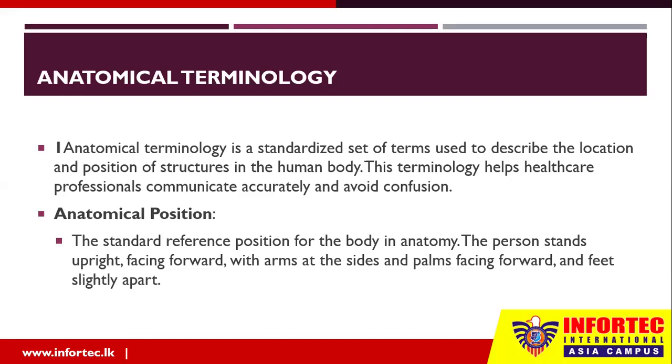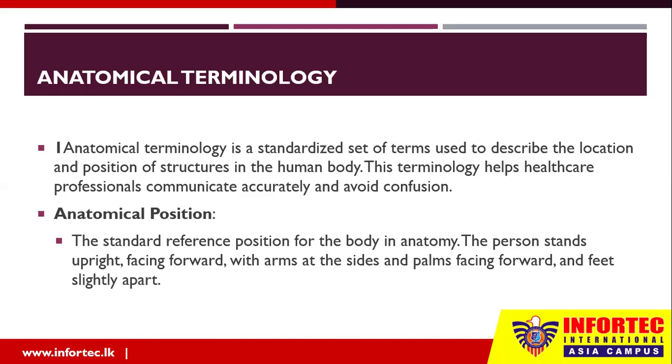So what does anatomical terminology mean? Anatomical terminology is a standardized set of terms that we use to describe the location and position of structures in our human body. So this terminology helps our healthcare professionals to communicate accurately and avoid any confusion, right?